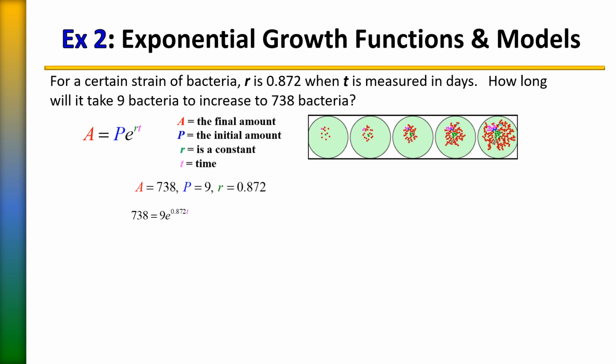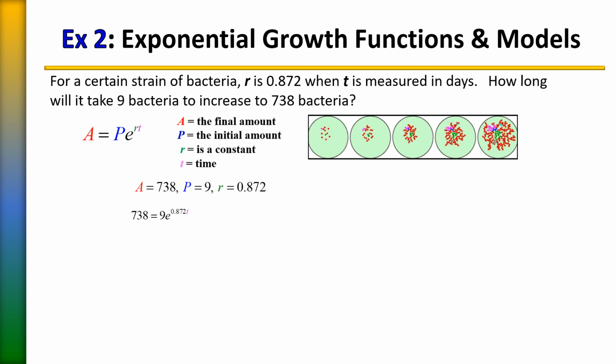And now to solve this exponential equation, what do you think we have to do first? Okay, so step 1 is we want to isolate the base e, the number e, we want to get it all by itself. So what step are we going to have to take to begin that process?